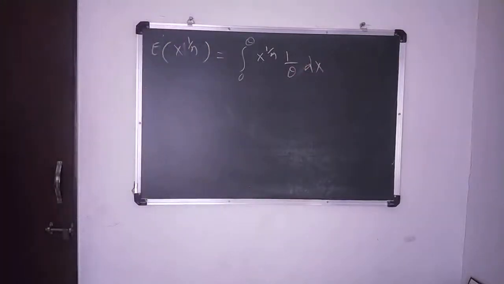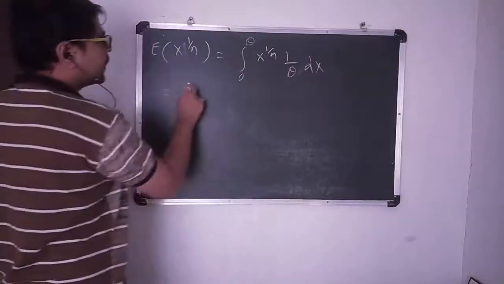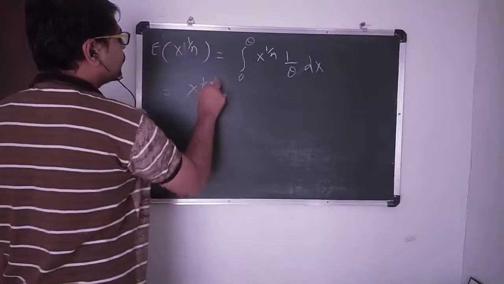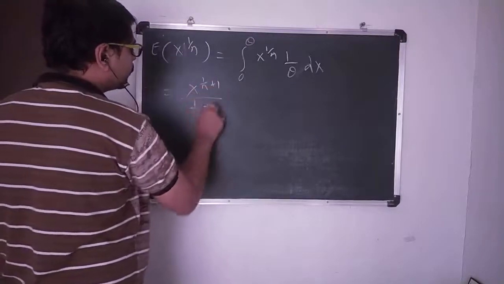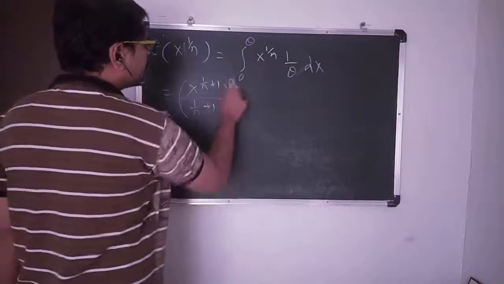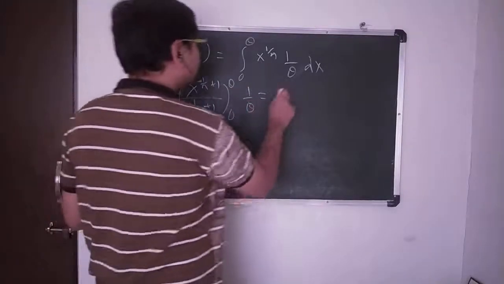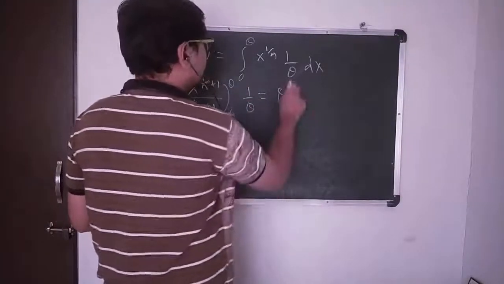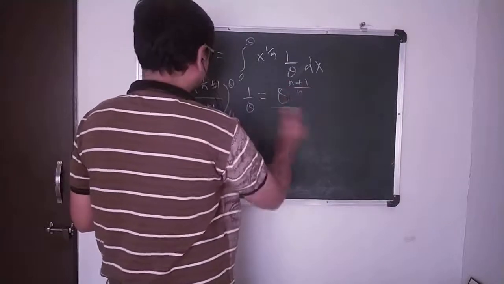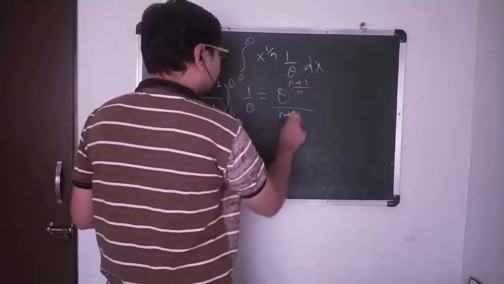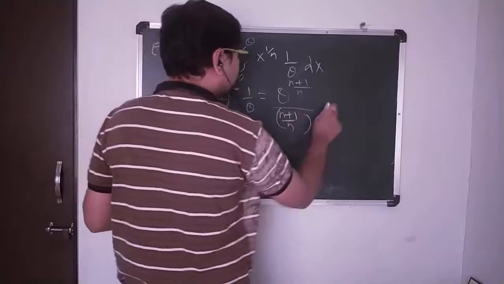So this is nothing but x raised to 1 upon n plus 1 divided by 1 upon n plus 1, from 0 to theta, into 1 upon theta. So this is equal to theta raised to n plus 1 upon n divided by n plus 1 upon n into 1 upon theta.